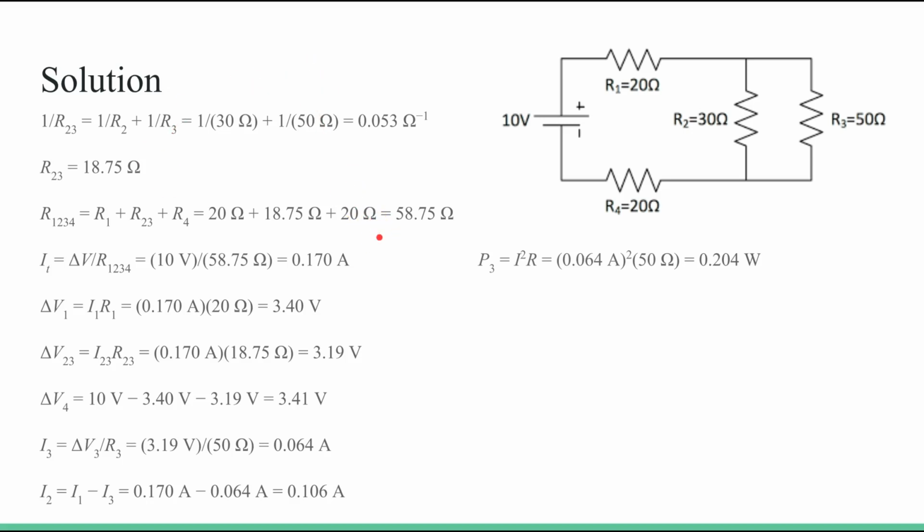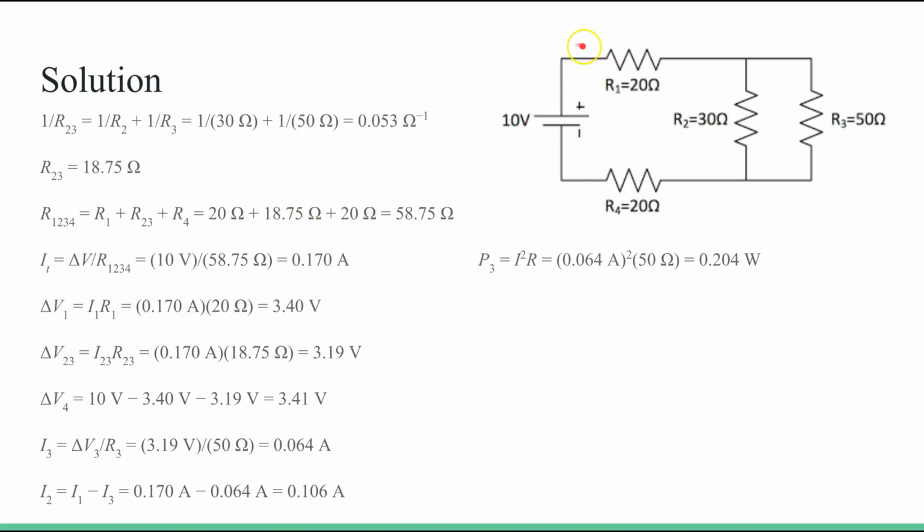So now we can use Ohm's law to find the total current, IT equals delta V over R1234, which is equal to 10 volts divided by 58.75 ohms equals 0.170 amperes.